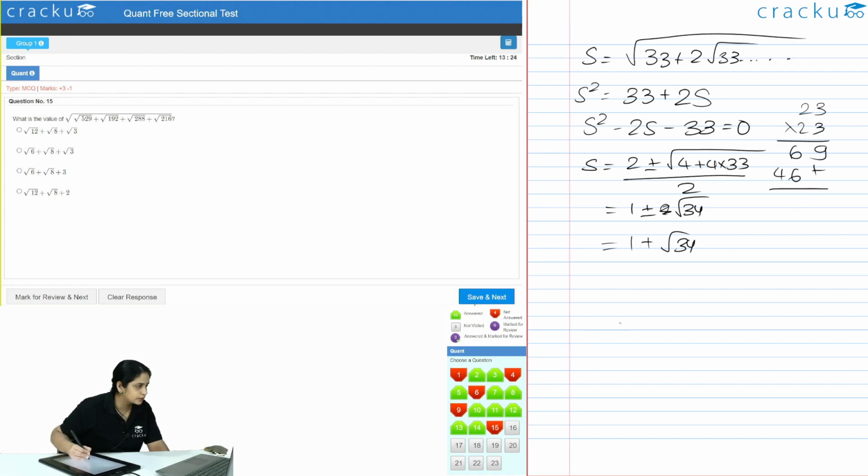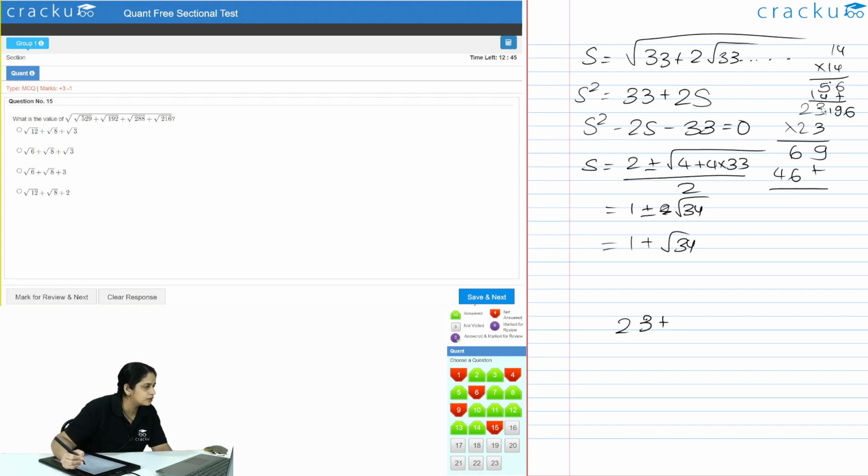So this is 23 plus the square root of 192. 192 is 14 square, right? No. What is that? 14 fours are 56 plus 14, so that is 196.